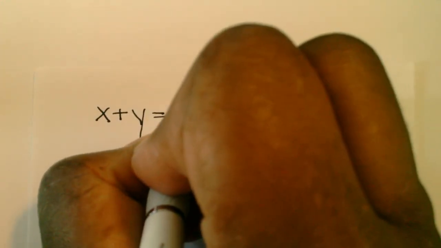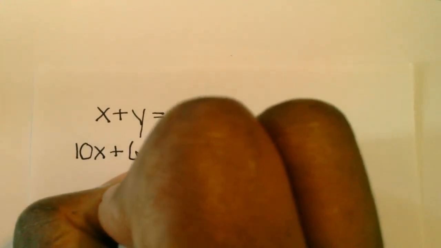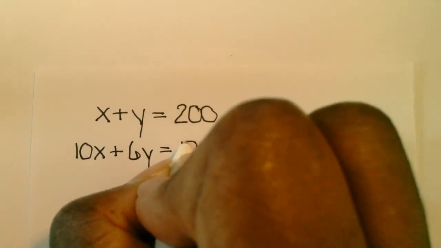So we have our two equations. We have our x plus y equal to 200, and then we had our 10x plus 6y equal to 1800.